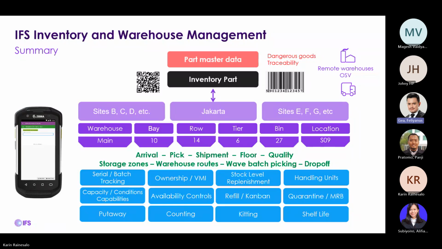Now, when it comes to ownership and vendor managed inventory, this is another aspect. You're going to have your own parts, but you're also going to have parts coming in from customers. You need to be able to segregate that inventory, what's customer owned inventory versus what's company owned inventory, and make sure that you're not using customer owned inventory when you shouldn't be. And likewise, the same will go for anything that perhaps a supplier would own until you use it.